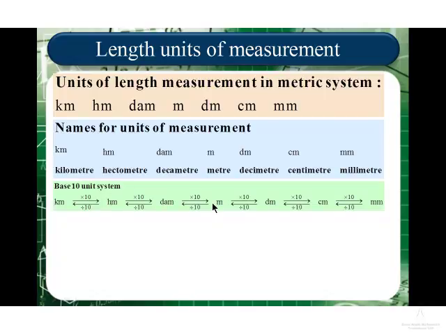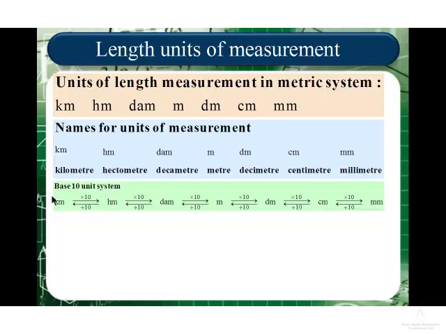Now the names for the units, as listed, can be distinguished by the order in terms of the relative size of the unit for length. If we move, for example, from 1 kilometer to 1 hectometer, you have to multiply by 10. Why is that?